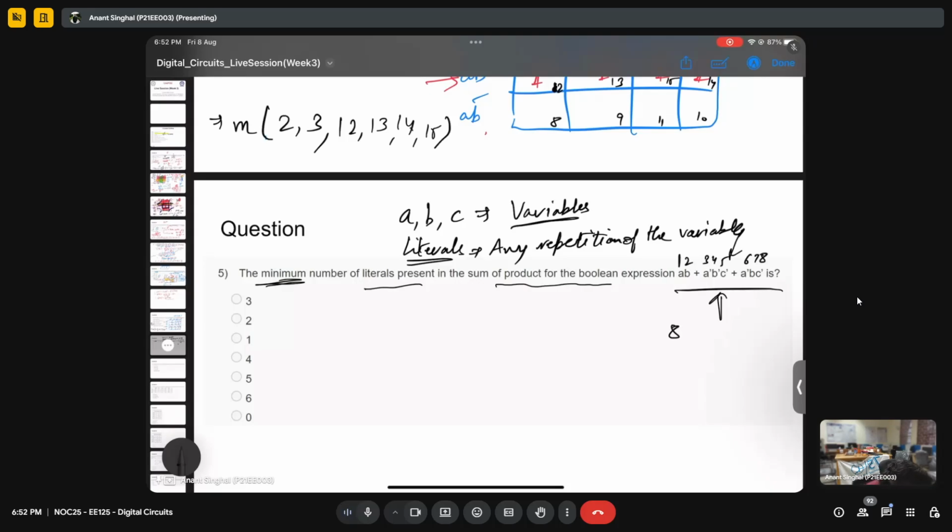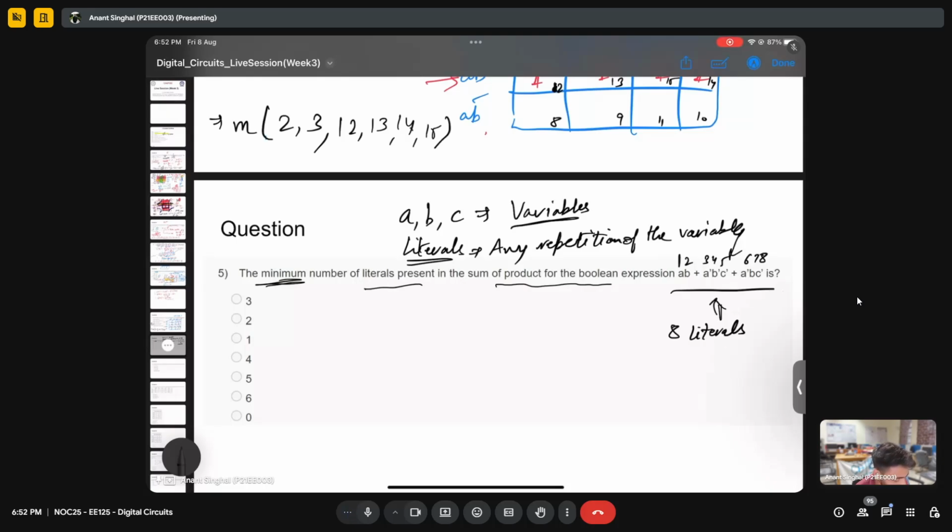So there are 8 literals in this expression. Is it clear to everyone what I have done just now? Sir, C bar and C bar again, we can take as separate literals. Yes, I agree with that, but I'm telling you this expression has 8 literals. We'll do the minimization later, and the final answer is not 8, but I'm trying to tell you what literals are.